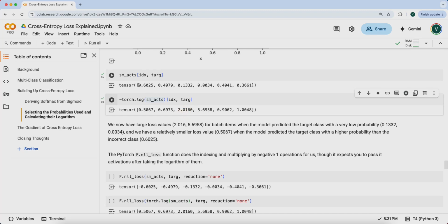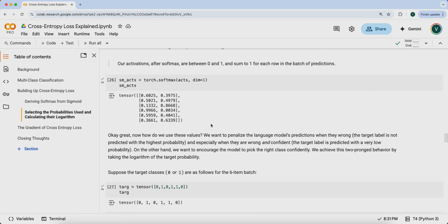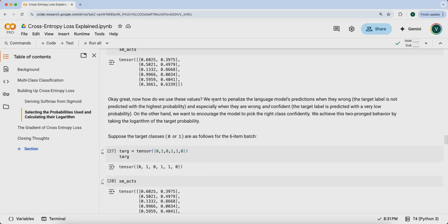On the flip side, here is a somewhat confident but correct probability for our target label. And so relatively to these two, this is a very small loss, right? It's like 1/4 the size. So we can see, going back to our expectation, we want to penalize the language model's predictions when they are wrong and confidently wrong, and we want to encourage the model to pick the right class confidently.